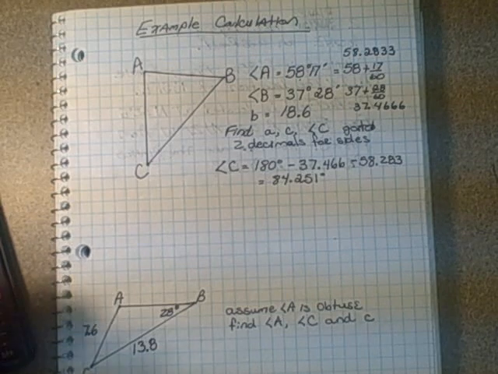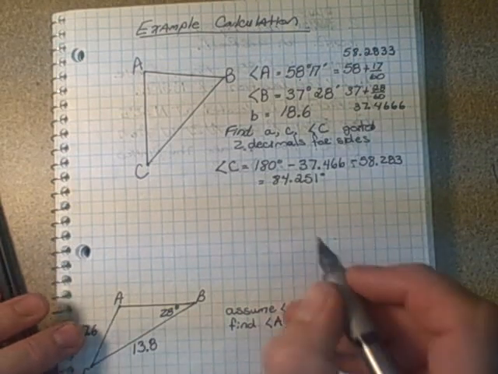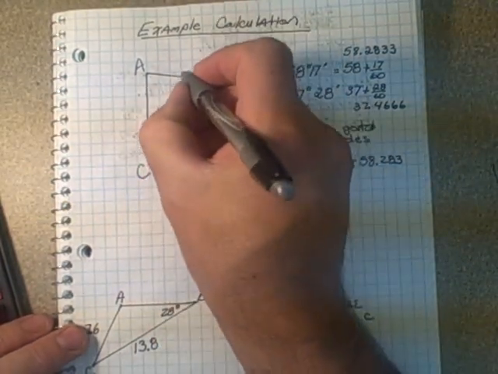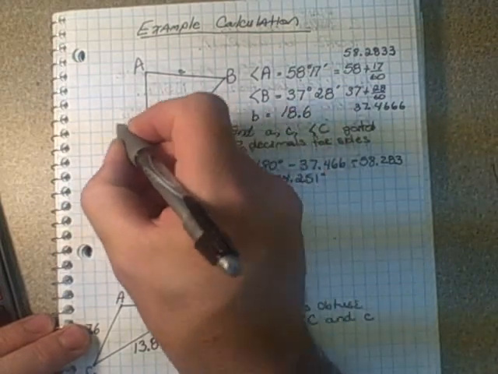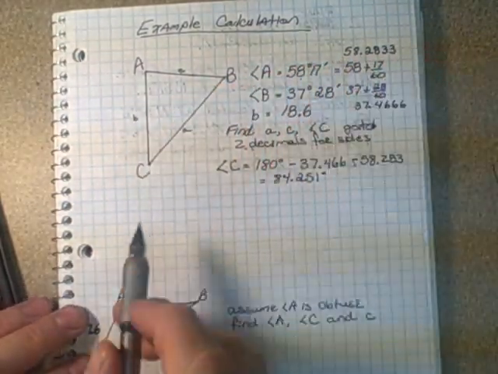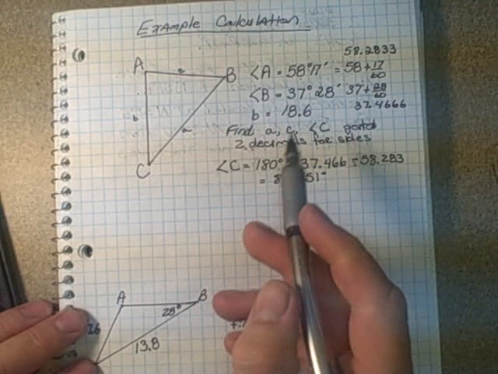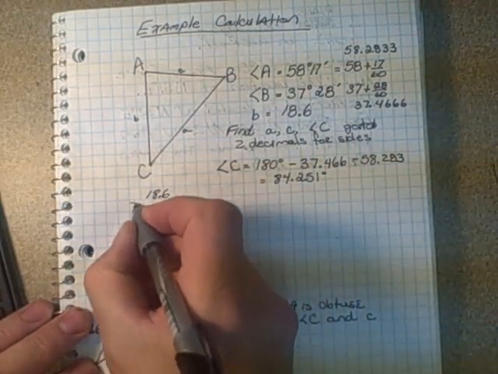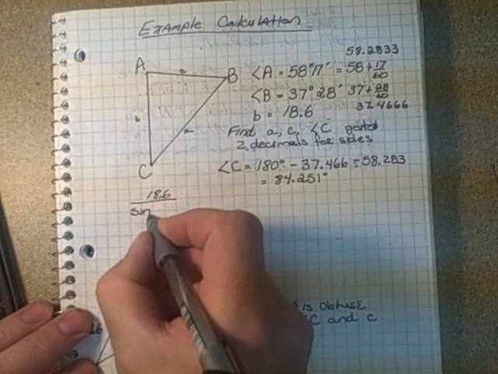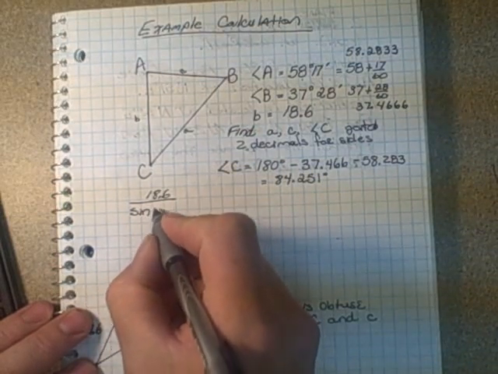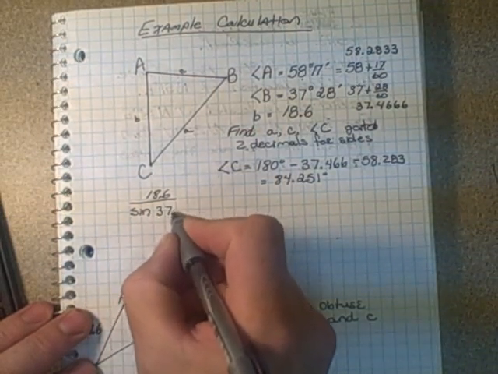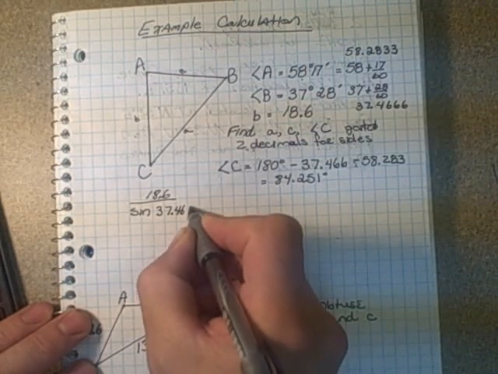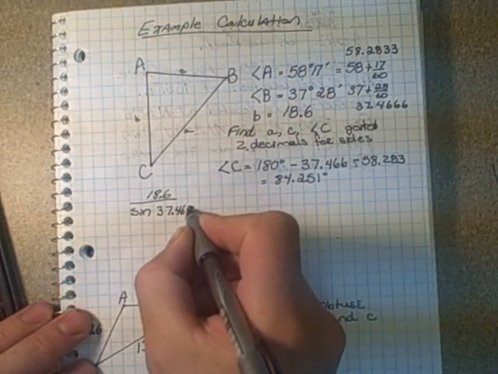So now we can apply the law of sines to calculate the sides here. Here would be side C, here would be side A, and here would be side B. We know that the given one is B. So 18.6 over the sine of what's given to us, 37.467, I guess I should have rounded it off.